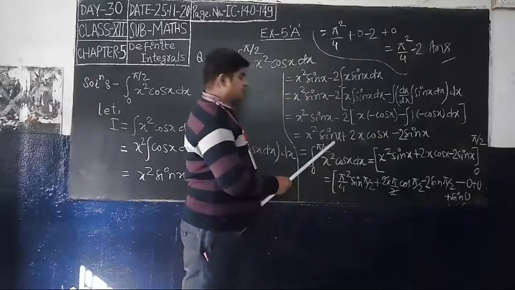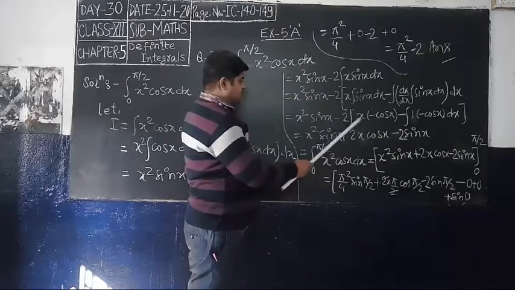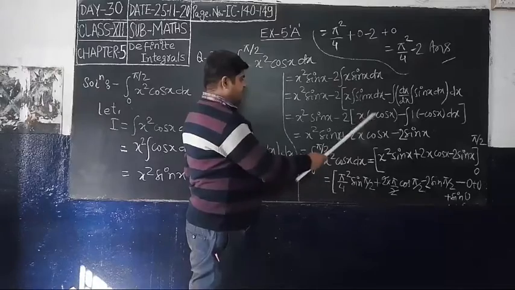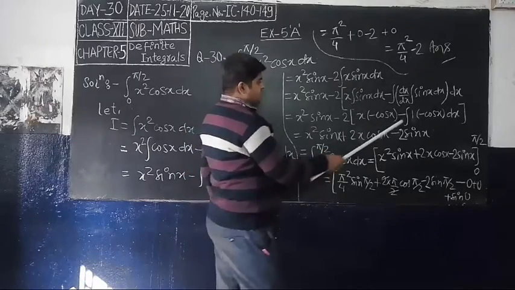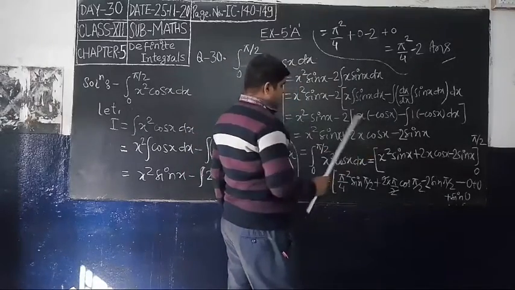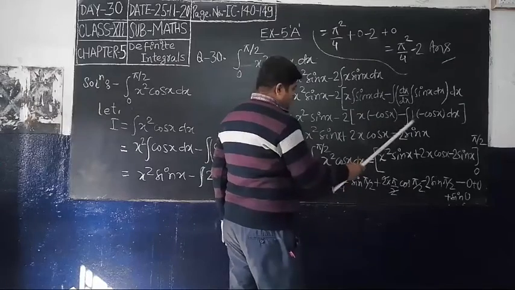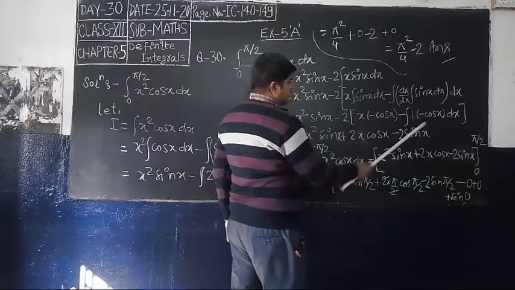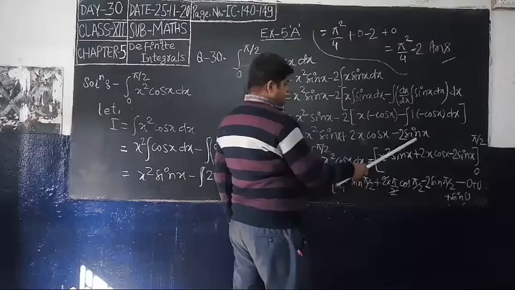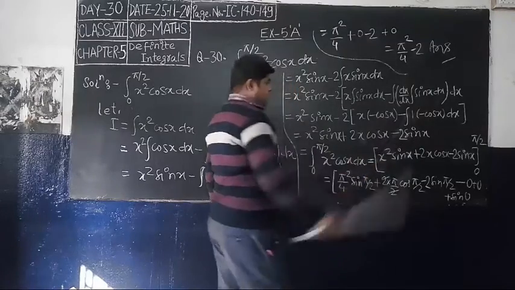So x square sin x, minus times minus plus, plus 2x cos x, minus 2 times the integration of cos x, sin x. Minus 2 sin x.